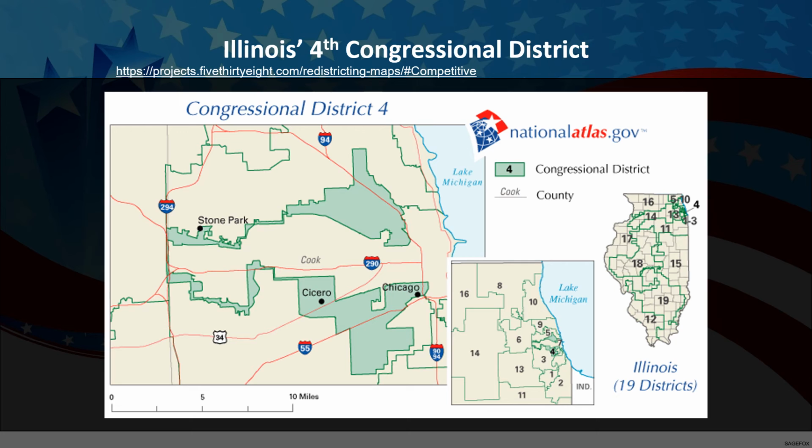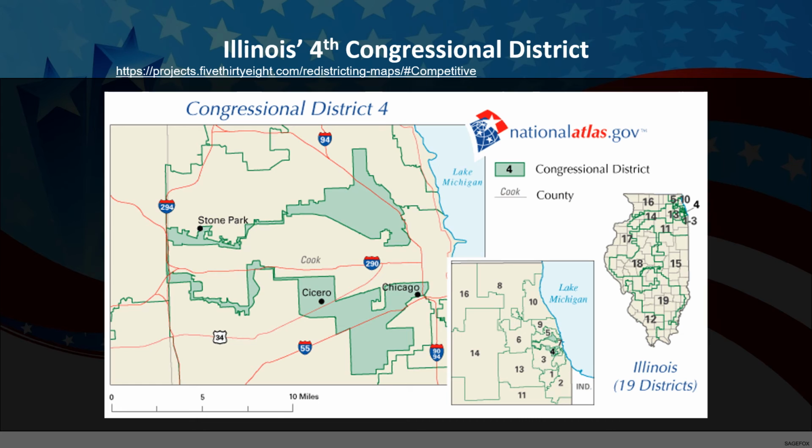Illinois' 4th Congressional District is an example of this. It's often referred to as the earmuff district, and if you turn your head to the left, you can probably see why. It's a little hard to tell, but districts have to be continuous lines. That's one of the requirements. These are really two separate boxes, because the line that you can't really see follows Interstate 294.